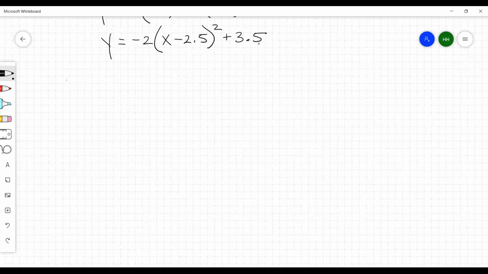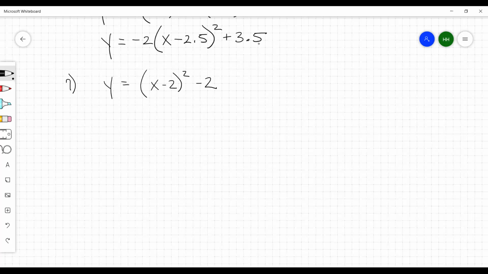Number 7, identify the maximum or minimum, domain and range of the graph. So you've got y equals x minus 2 squared minus 2.